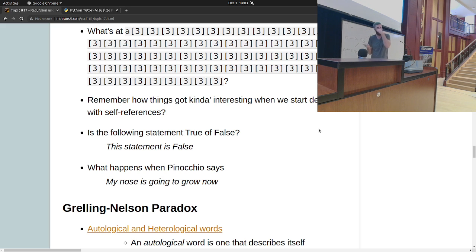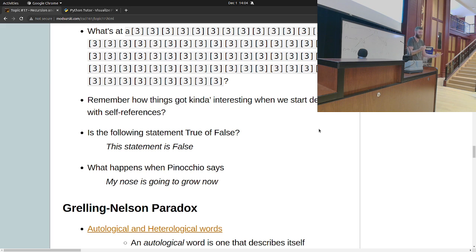So we're in this funny paradox. It's the same one with Pinocchio saying, my nose will grow now. Well, his nose only grows when he lies. That means he's lying. So if he's telling me right now his nose is going to grow, that means he's lying. But then that would mean he's telling the truth, and therefore his nose shouldn't grow.